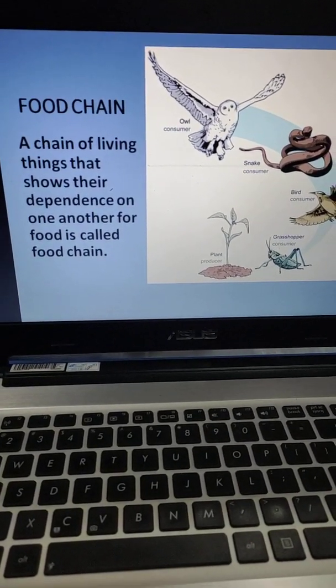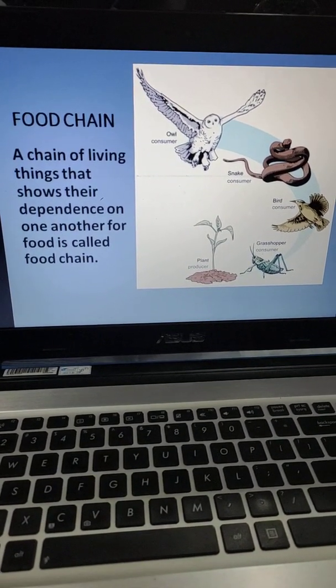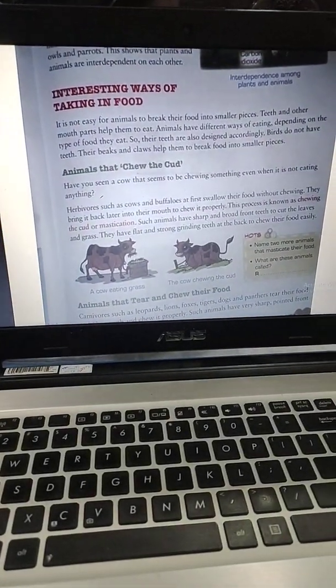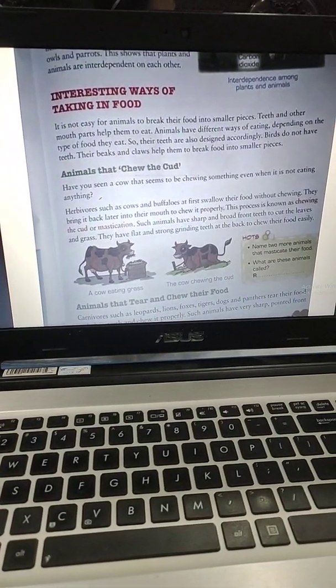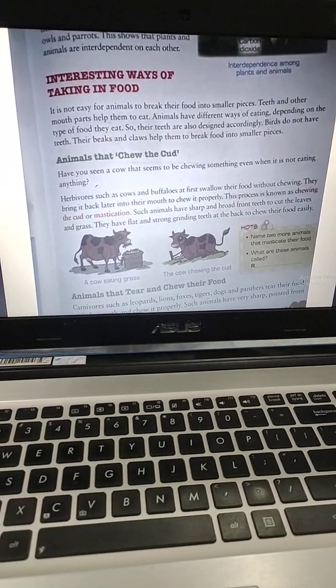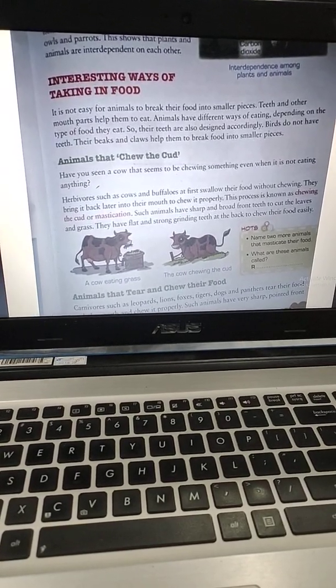Now today we are going to learn about the eating habits of animals. What are the eating habits of animals? First, we will see that there are some animals which chew their food, chew the cud.